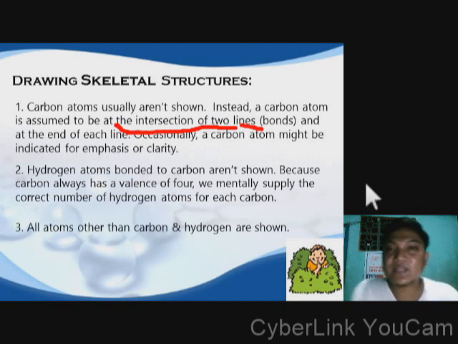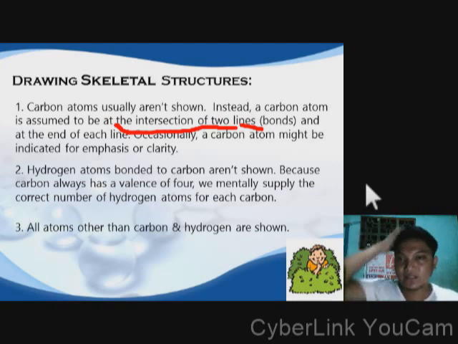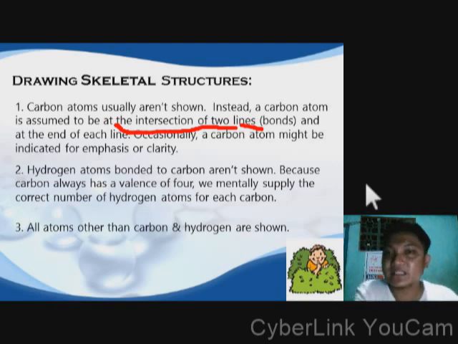Occasionally, a carbon atom might be indicated for emphasis or clarity. Okay, so hydrogen atoms bonded to carbon aren't shown. Because carbon always has a valence of 4, we mentally supply the correct number of hydrogen atoms for each carbon. Okay? So, all atoms other than carbon and hydrogen are shown.